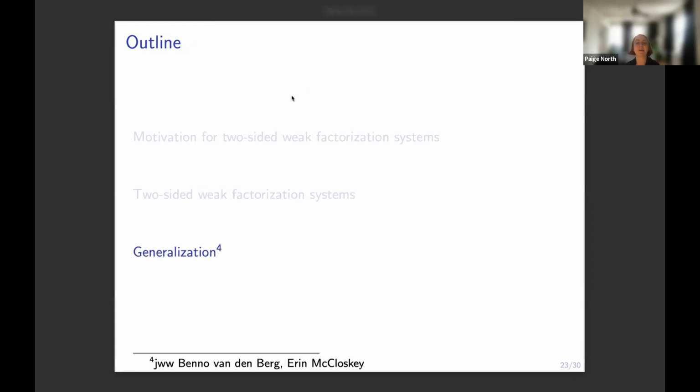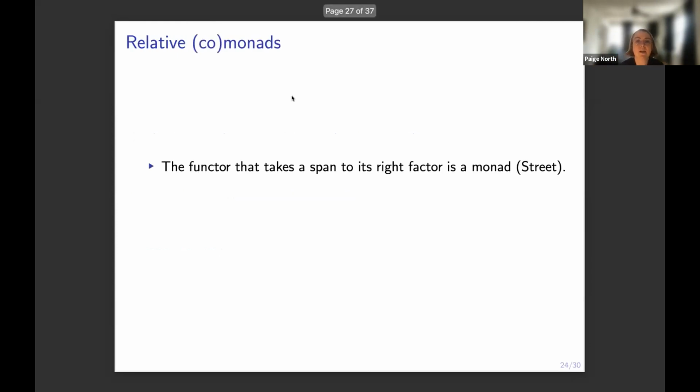Okay, so that brings us to the generalization of this story, the categorical account of what I've described in a very hands-on way. And this is joint work with Benno van den Berg and Aaron McCloskey. So, let's think about what we just did.